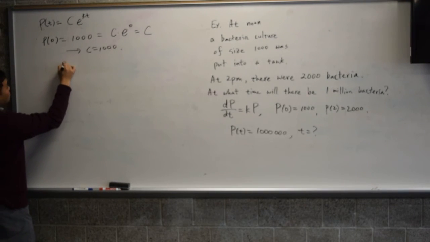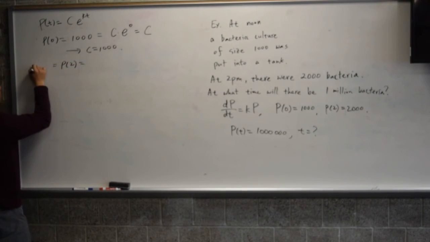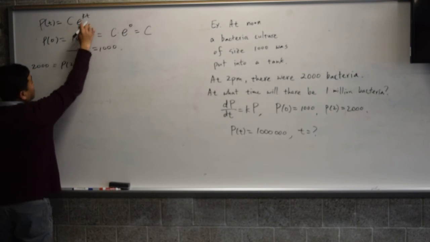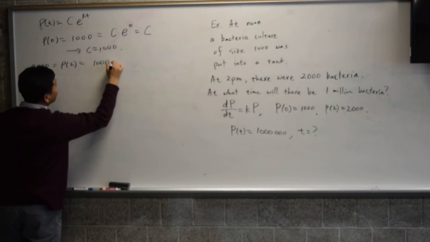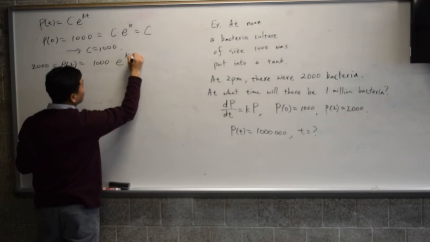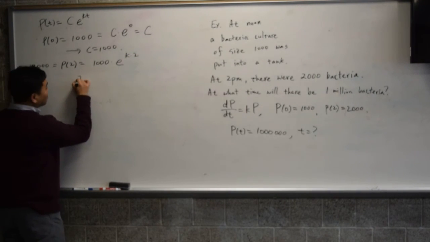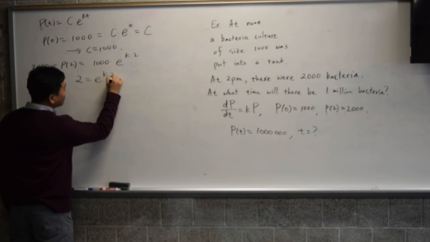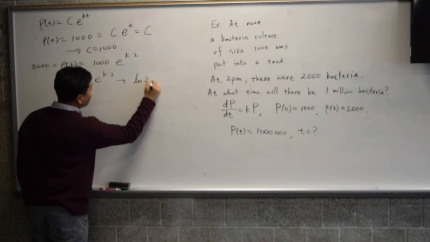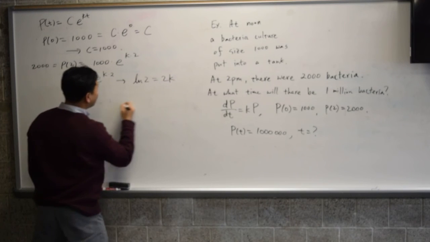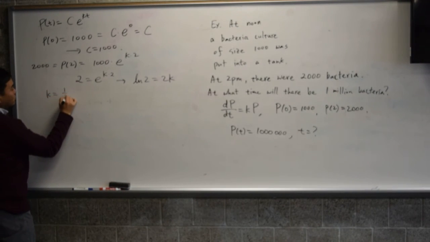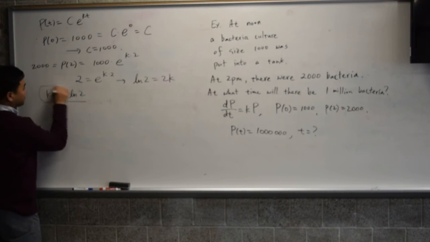And then P of 2 being 2,000, if you put 2 here, that's 1,000 times e to the k times 2. Divide by 1,000, so 2 is equal to e to the 2k. That's ln of 2 equals 2k.